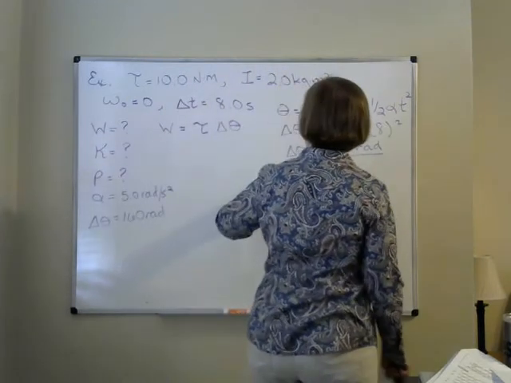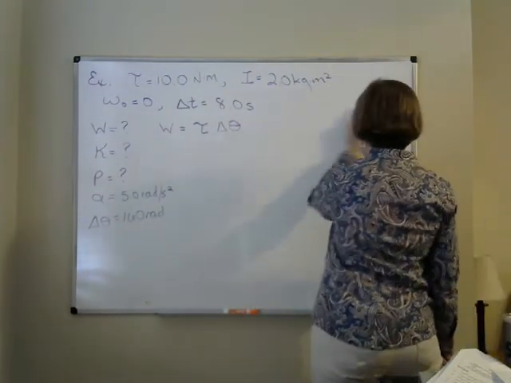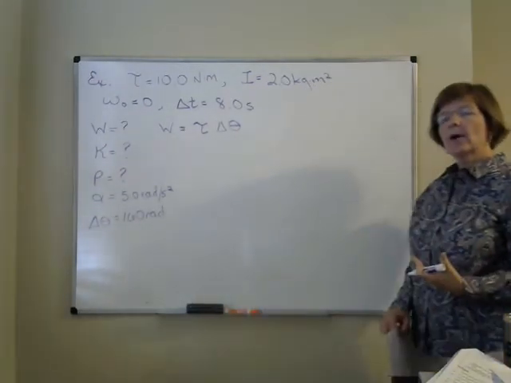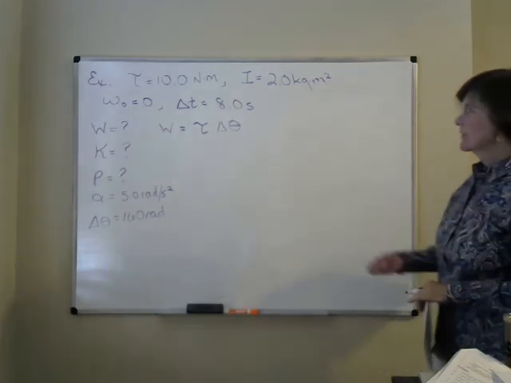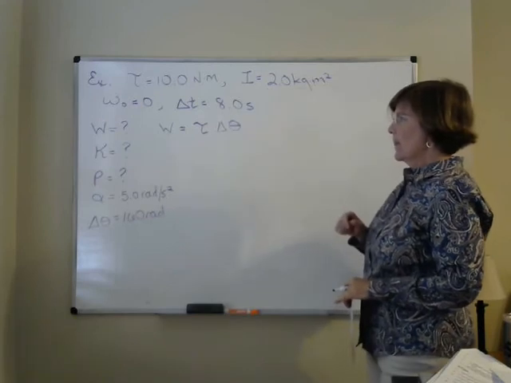All right. Notice we haven't answered any of our questions yet, but one of the ways you successfully solve a problem is you find the things you know you can find. I know I can find alpha if I know the torque and I know the moment of inertia.